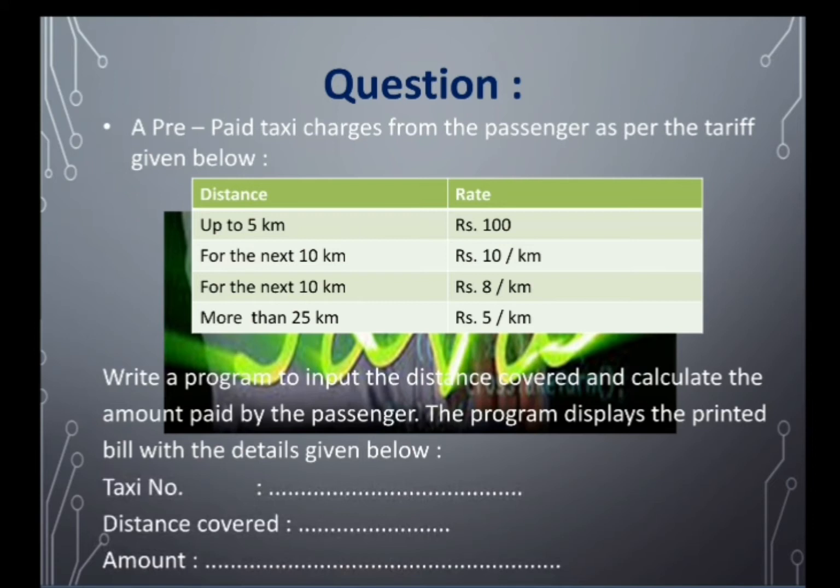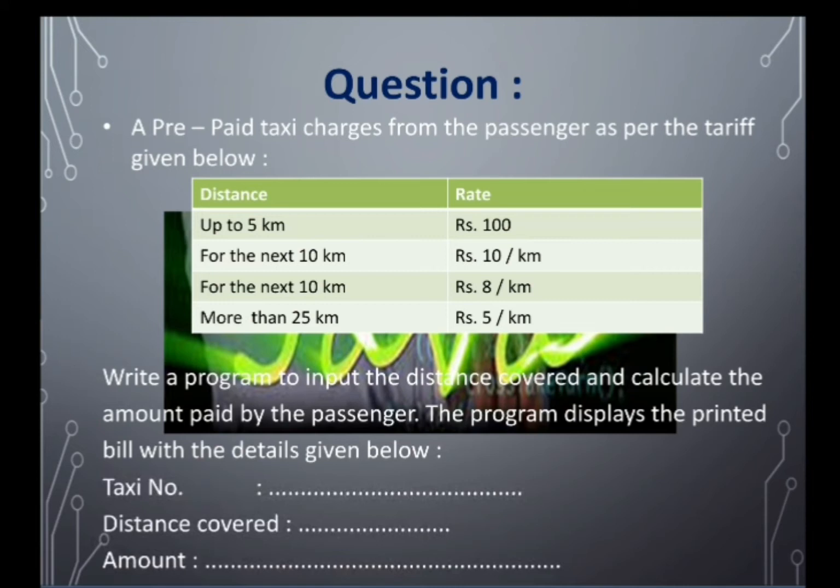See, the distance is already mentioned, the rate is already mentioned. If we cover a distance of 3 kilometers, which is smaller than 5 kilometers, then we have to pay 100 rupees. And if we travel up to 5 kilometers, then also we have to pay 100 rupees. 100 rupees is fixed up to 5 kilometers.